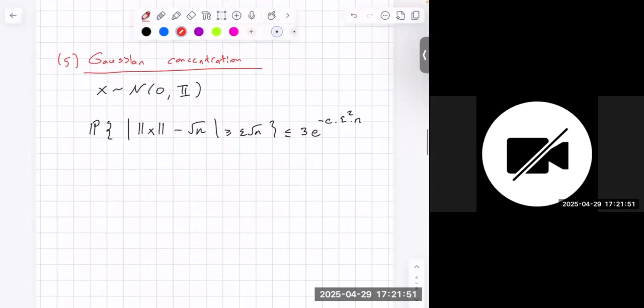Now, what we will do in most applications is, the easiest or nicest thing to use is Gaussians. Now I will tell you how concentration of measure looks when I endow my space with Gaussian measure, okay? Suppose I have a random vector with n coordinates. I am in R^n.